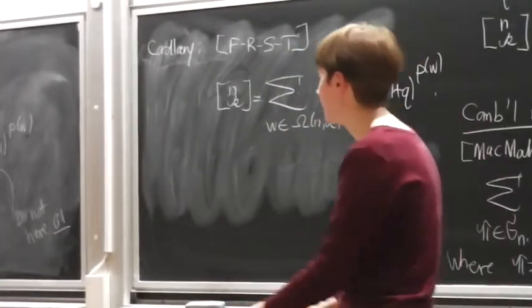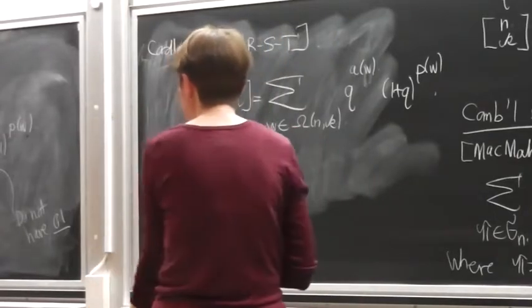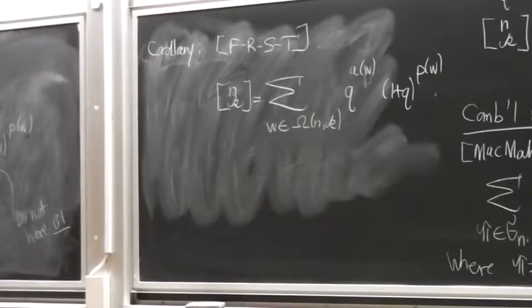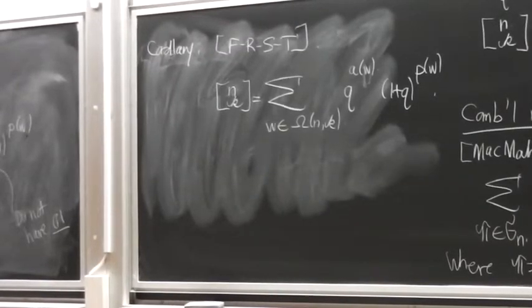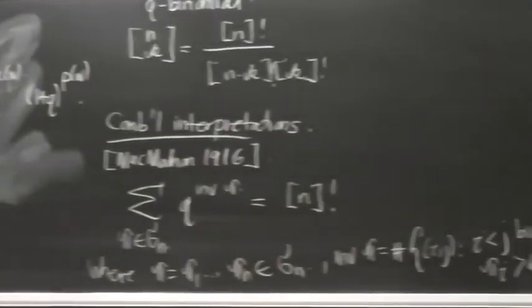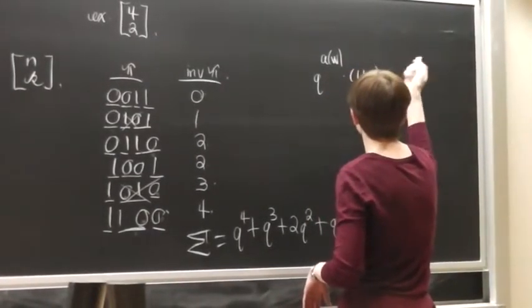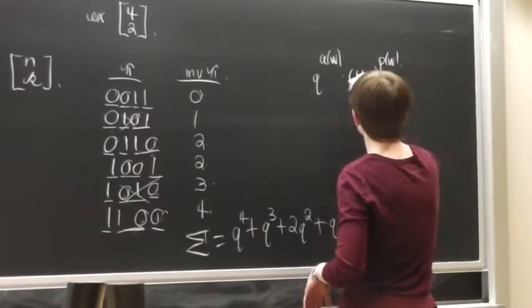Okay, so let's actually go through that here. This is what they call their weight: q to the A statistic, 1 plus q to the P statistic.